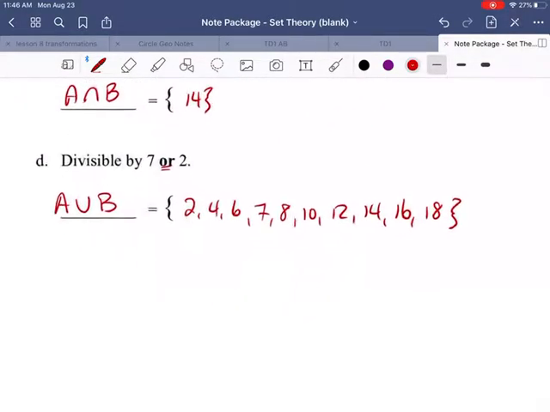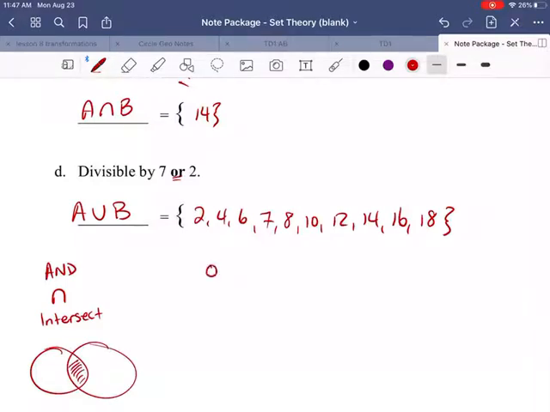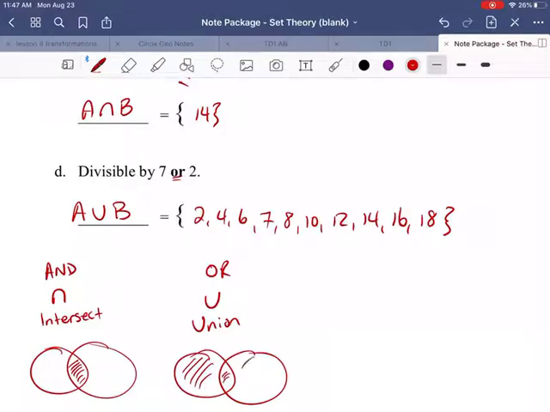We'll make a note here that "and" is going to be the intersection, and we shade in this part. "Or" implies that it could be either of them, and we use this symbol, the union of the two. In this case, you've got this section and that section, so everything.